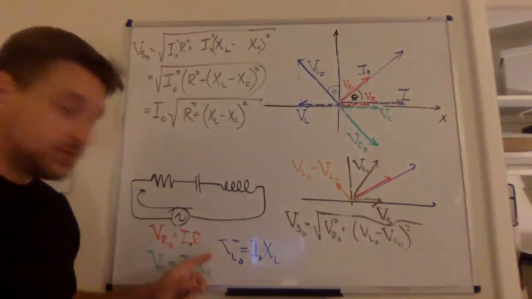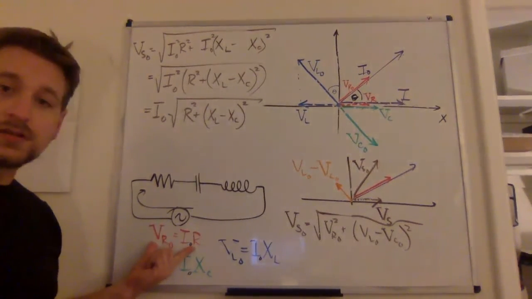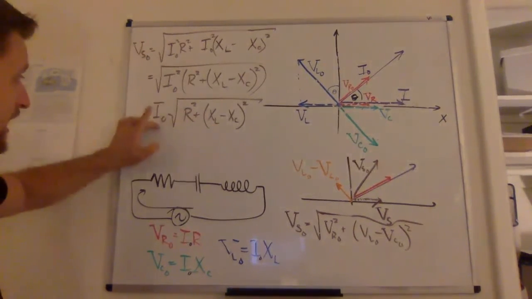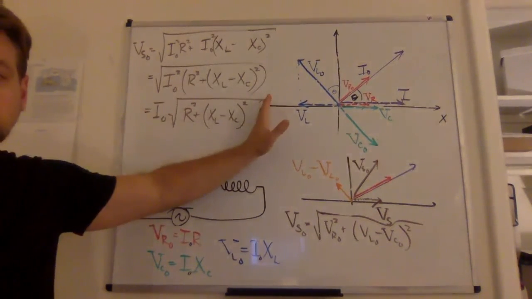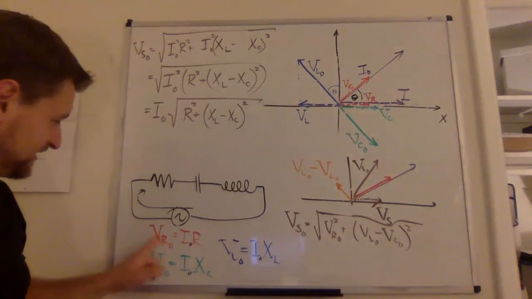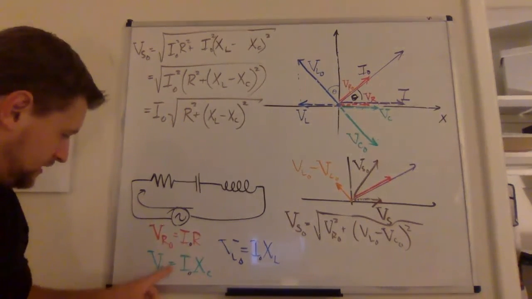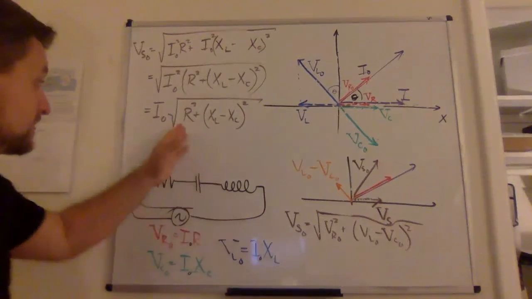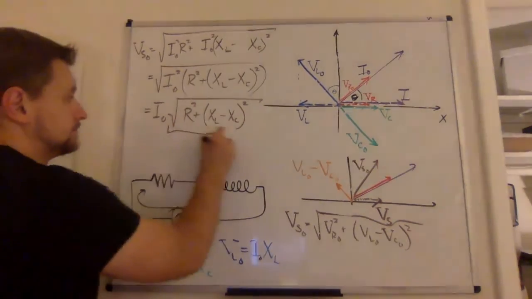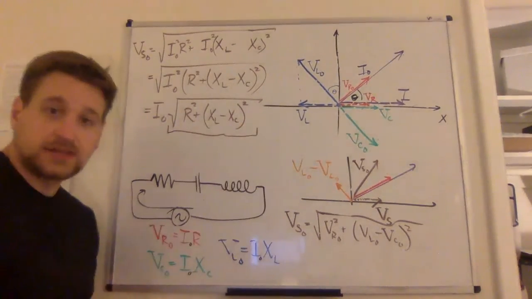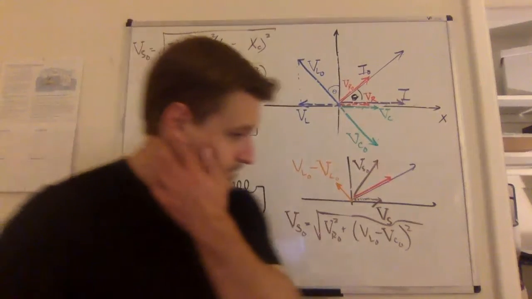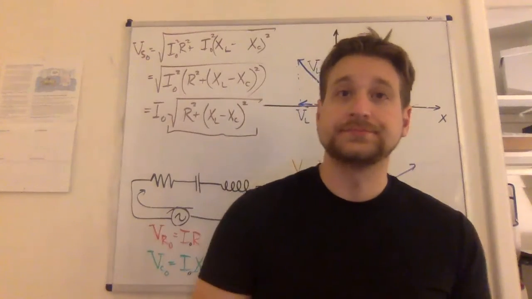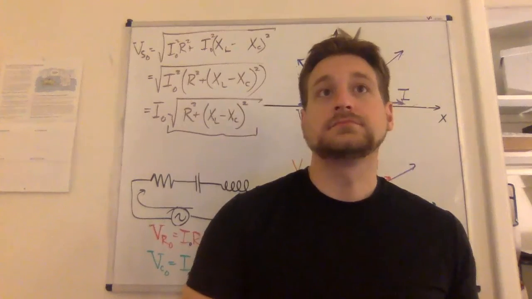If we compare the form of these Ohm's law looking things to this, V equals I something. So this thing, this radical expression, is like the reactance of the whole circuit.